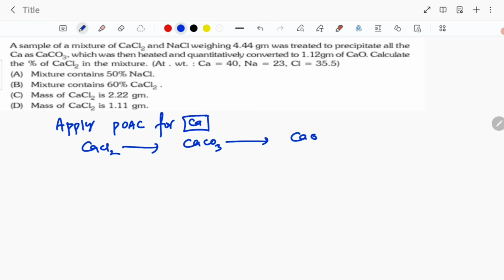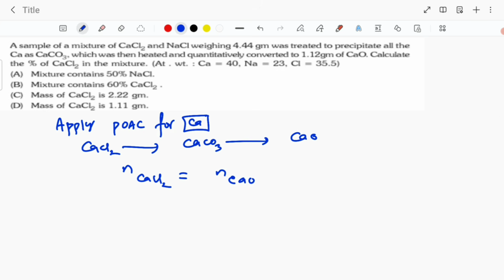That's what they mentioned. So here, the number of calcium atoms in CaCO3 is equal to the number of calcium atoms in CaO. We know that. So you can write the number of moles of CaCl2 as the number of moles of CaO, because the calcium atoms are exactly the same.